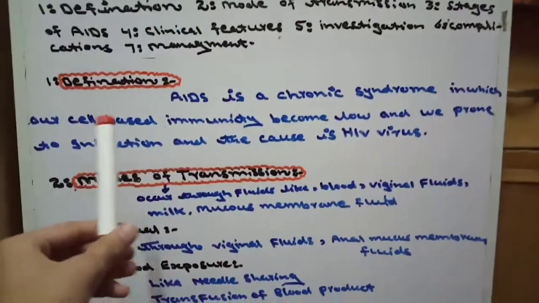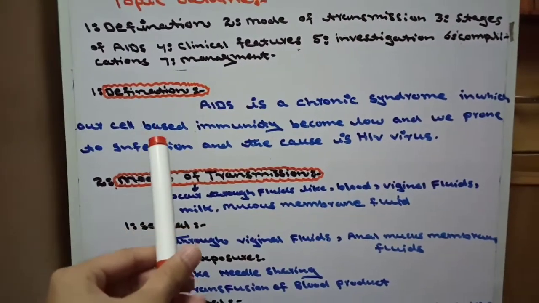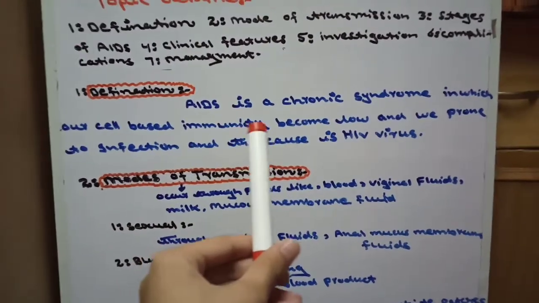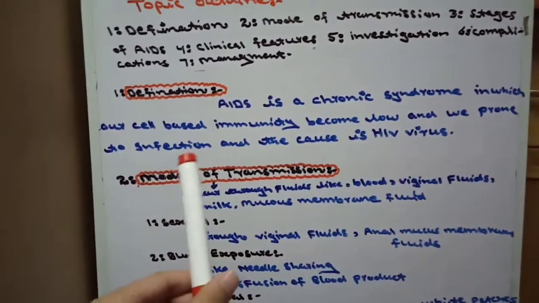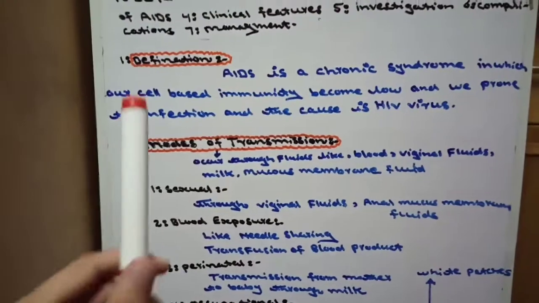Definition: AIDS is a chronic syndrome in which our cell-based immunity become low and we prone to infections, and the cause is HIV virus. This is the definition of it.